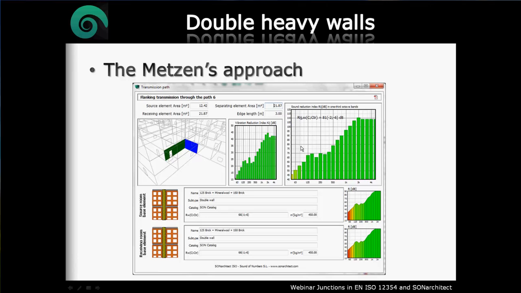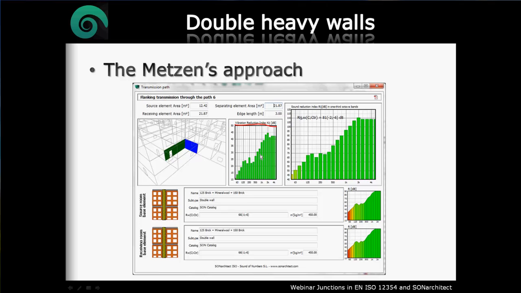Here we can see that the vibration reduction index is not presenting a constant value, the constant vibration reduction index that we would expect from rigid T-junctions, but is presenting a value which depends on frequency. This is coming from this delta R, the improvement due to the double wall.